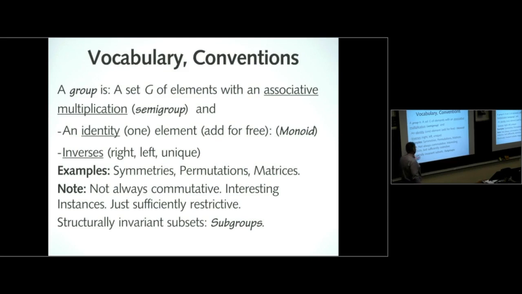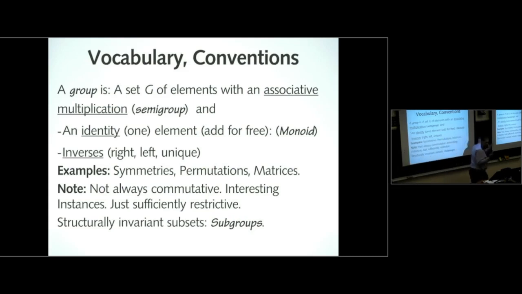And it turns out that these conditions are sufficiently restrictive to have enough structure that one can prove interesting things, and to avoid just an awful mess. On the other hand, they are weak enough that there are a lot of interesting instances.